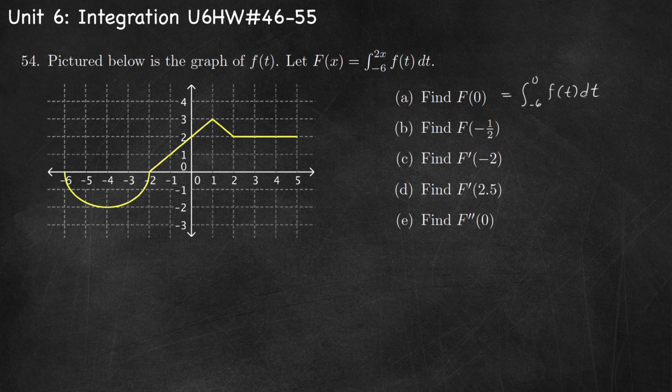Now this integral, since we don't have the equation for little f of x, we can find using the graph of little f of x. The integral from -6 to 0 is the area under the curve from -6 to 0. So from -6 to 0, we need this area here from -6 to -2, and then this area from -2 to 0. It looks a little bit warped, but from -6 to -2, we have half of a circle with radius 2.